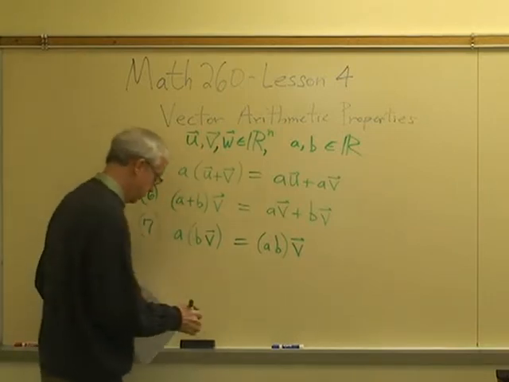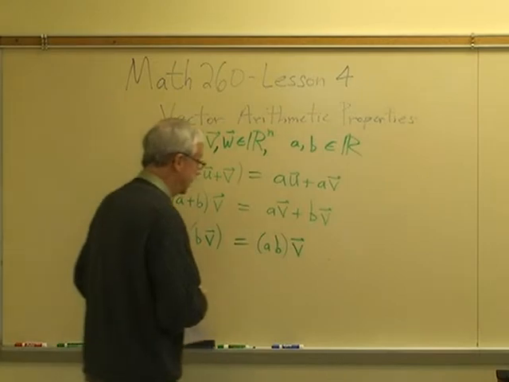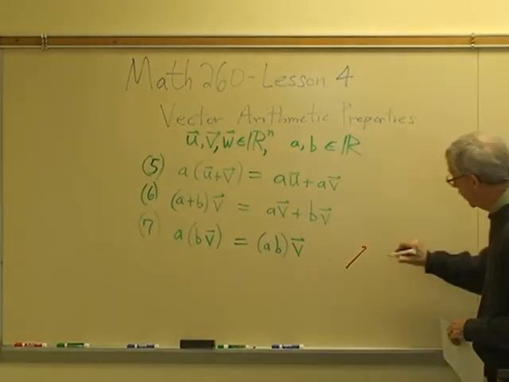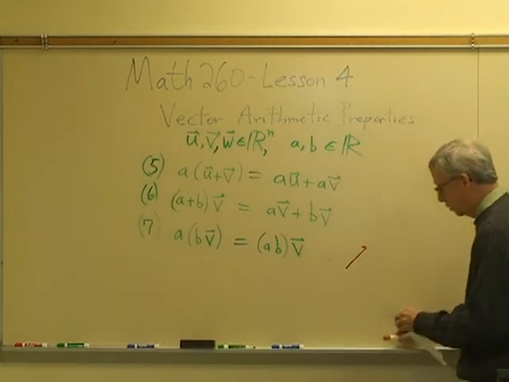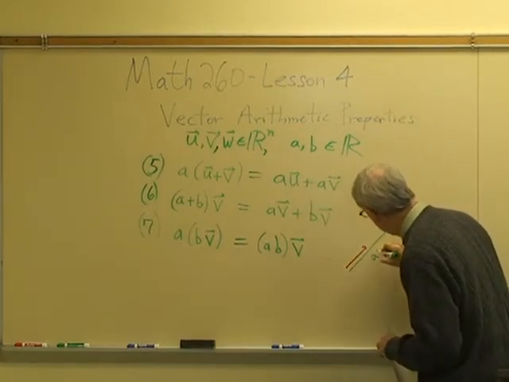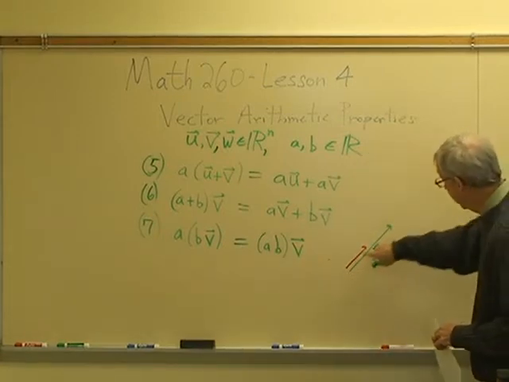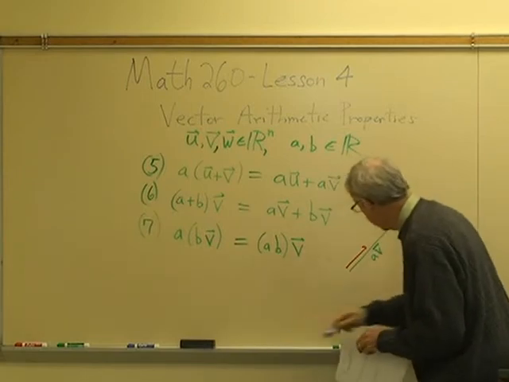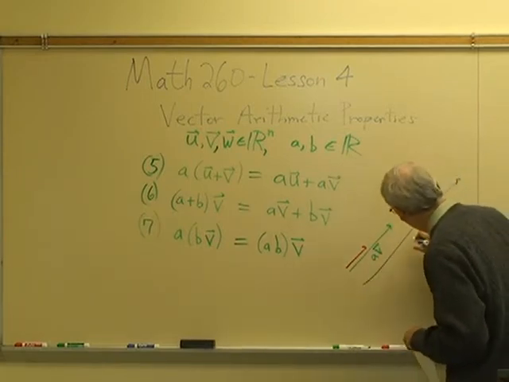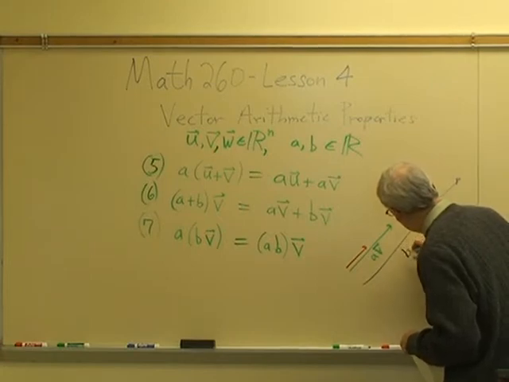And it makes sense because if I have some vector v and I multiply it by a, some magnification factor, so there's AV, and then I take that answer and multiply it by b, so there's b times AV.